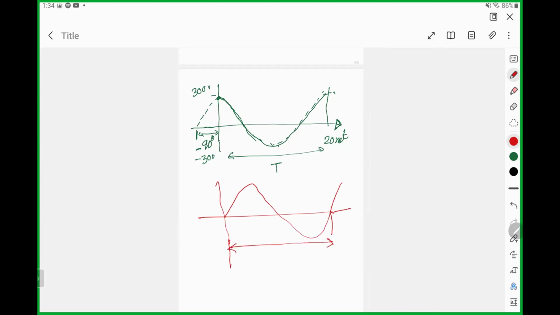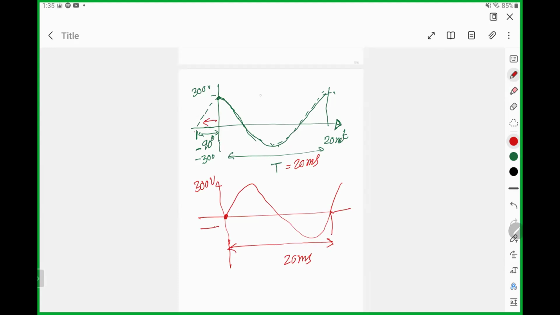I don't want to use cos. So this one is 20 millisecond, and this is 300. Everything is same. So this is 20 millisecond. And this has started from this point, but here this point has been shifted towards this one. Now I want to express this.